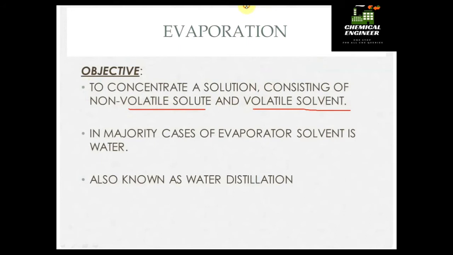In order to increase the concentration of the solute in the solution, we do evaporation. In the majority of cases the solvent is water. Mostly, in order to remove water from the solution, we do this evaporation in heat transfer. So it is also known as water distillation, because most of the time water is the solvent.